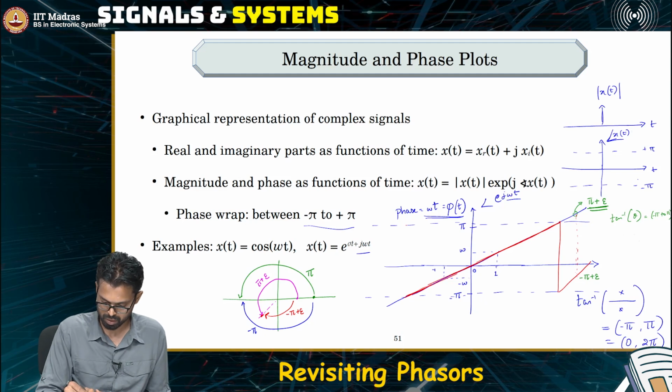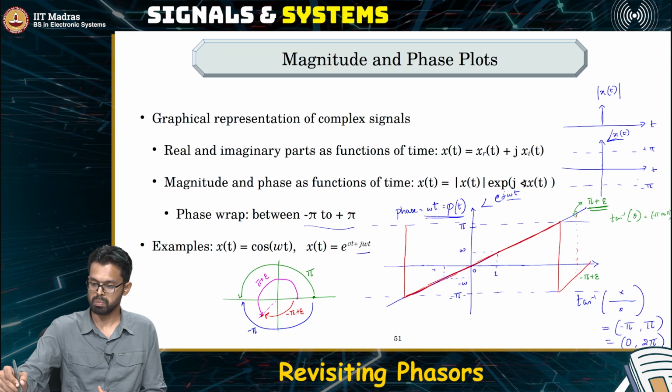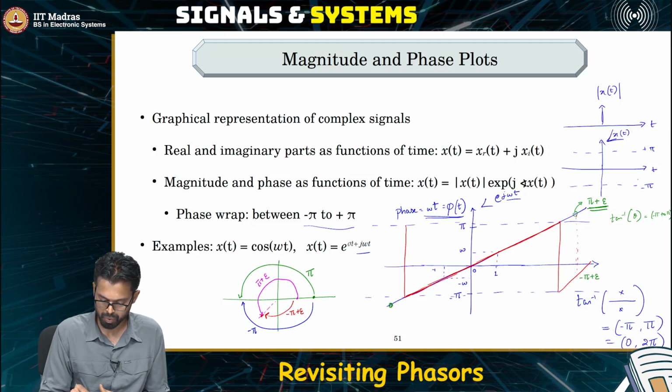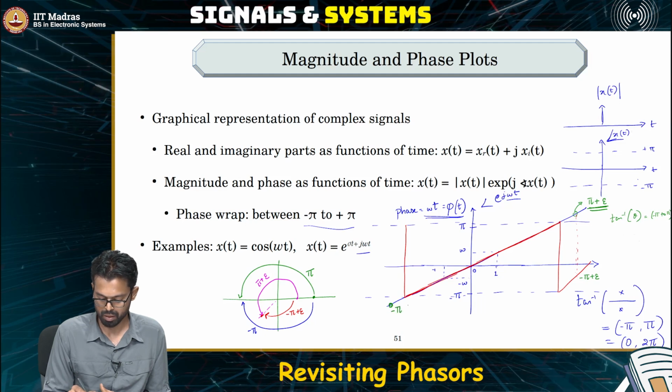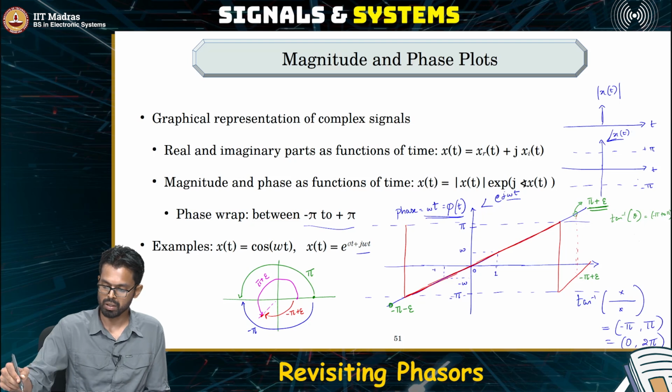Similarly, whatever is below this, let's say something here, is minus pi minus epsilon. So what is minus pi minus epsilon?